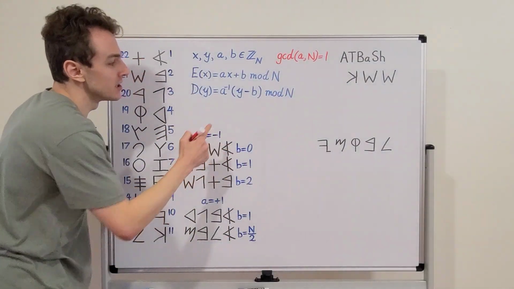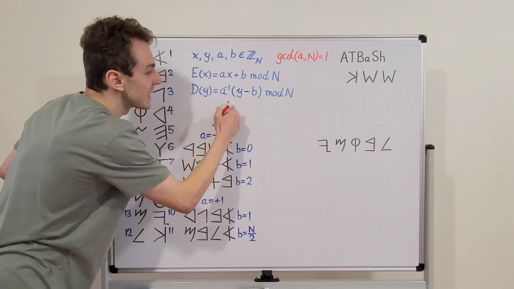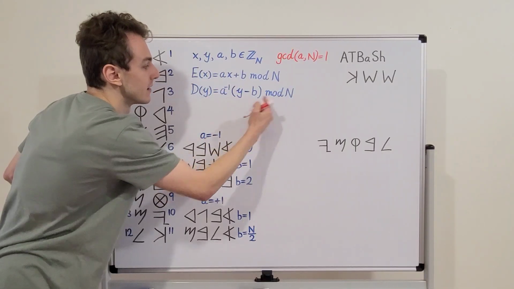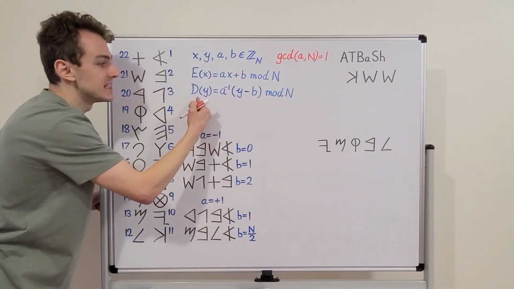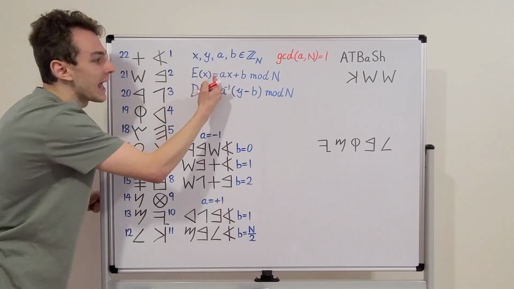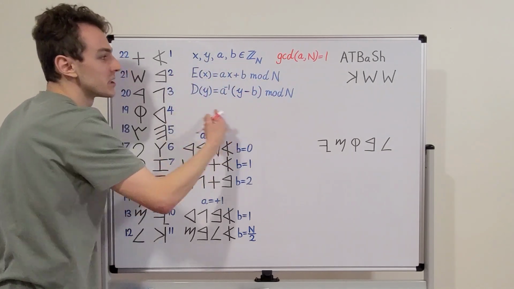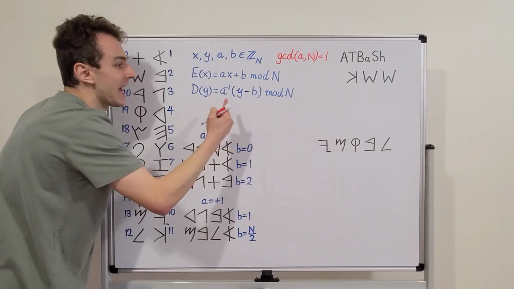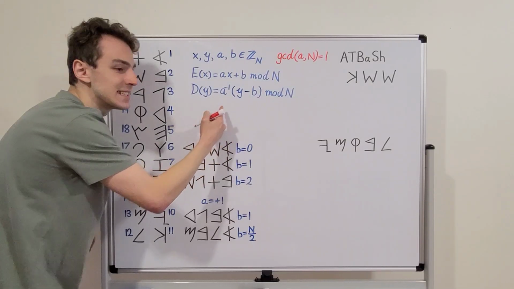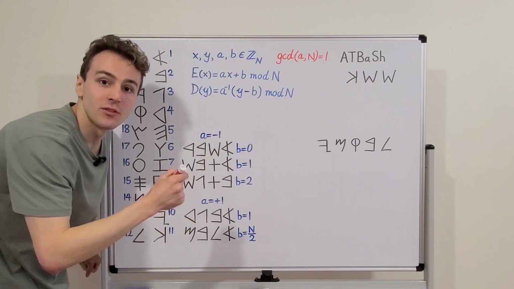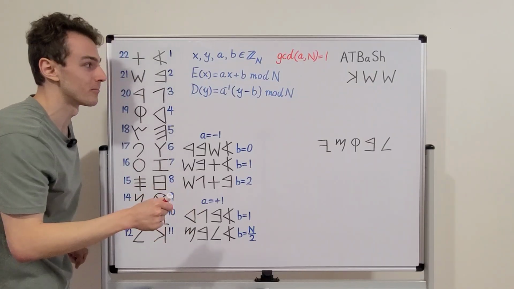And that allows us to compute this multiplicative inverse mod n. And then we can perform decryption. So we can encrypt and we can decrypt. So this is the general description of the Affine cipher. And it is a type of monoalphabetic substitution cipher.